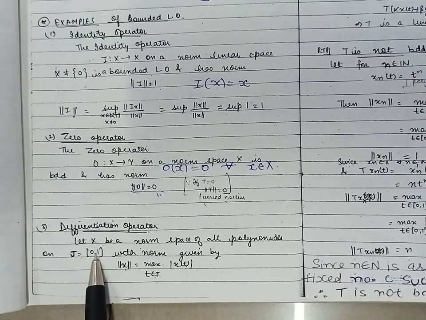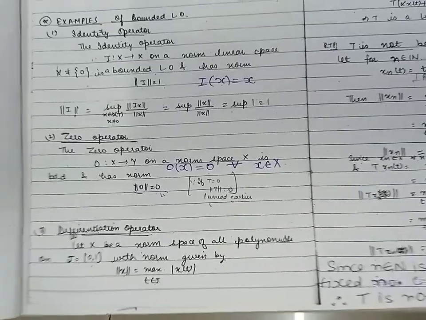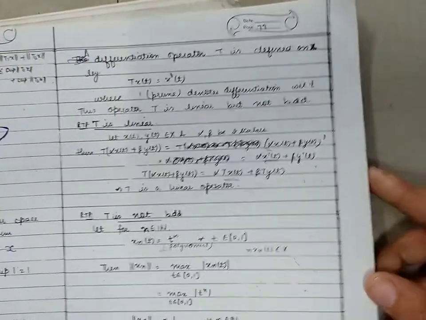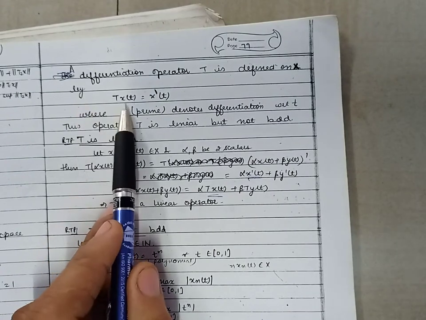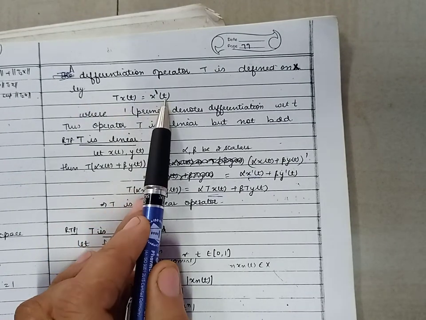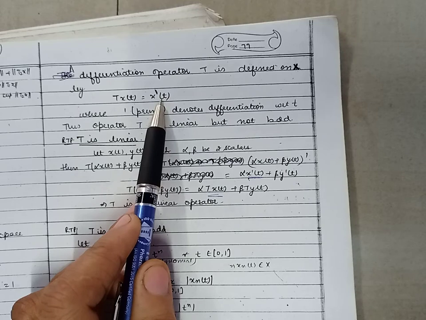We will show that the differentiation operator defined on this normed space X by T of x(t) is equal to x dash t is a linear operator but not bounded.